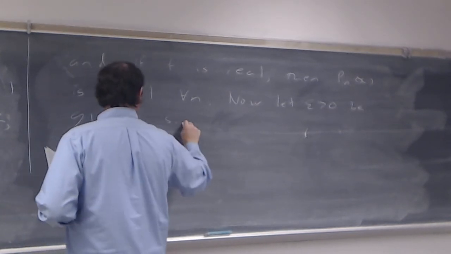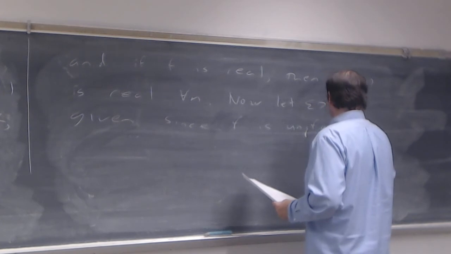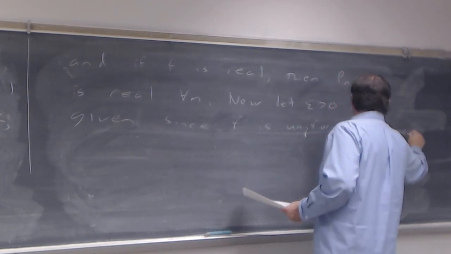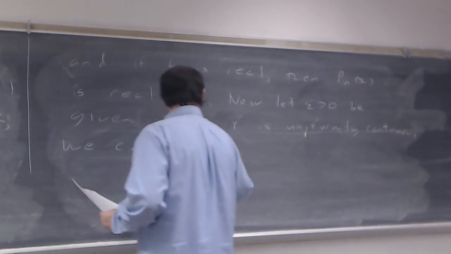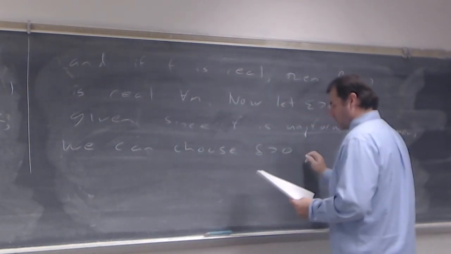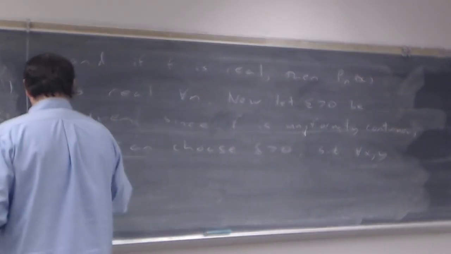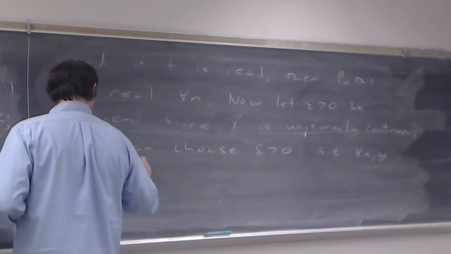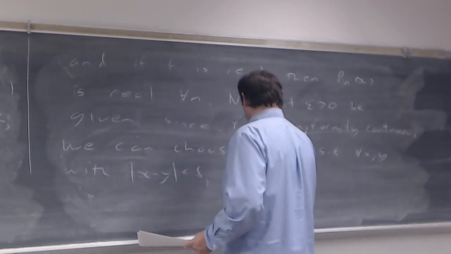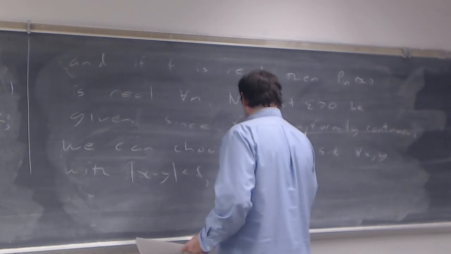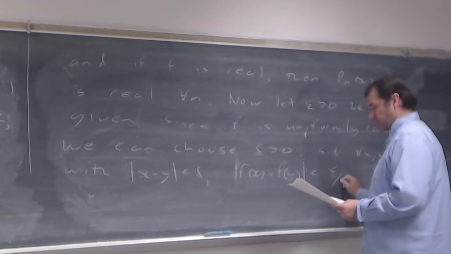Since f is uniformly continuous, we can choose delta bigger than 0, such that for all x and y element of a to b with the absolute value of x minus y being less than delta, then the absolute value of f of x minus f of y is less than epsilon over 2.